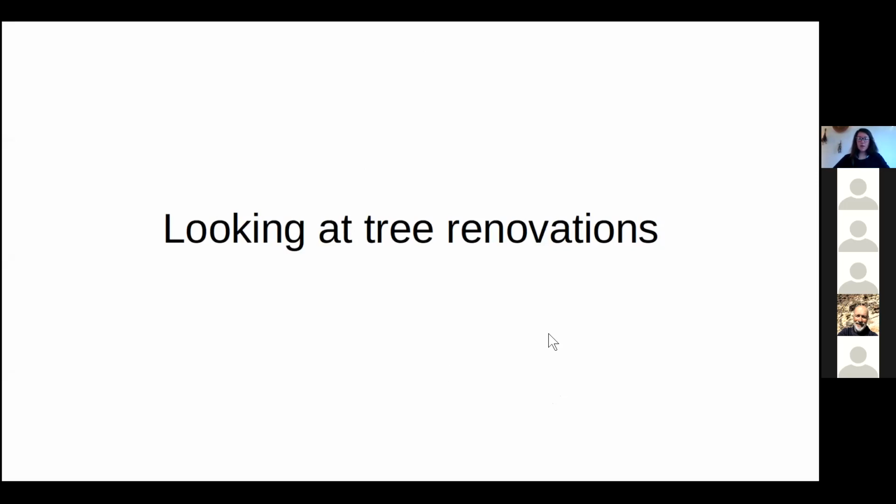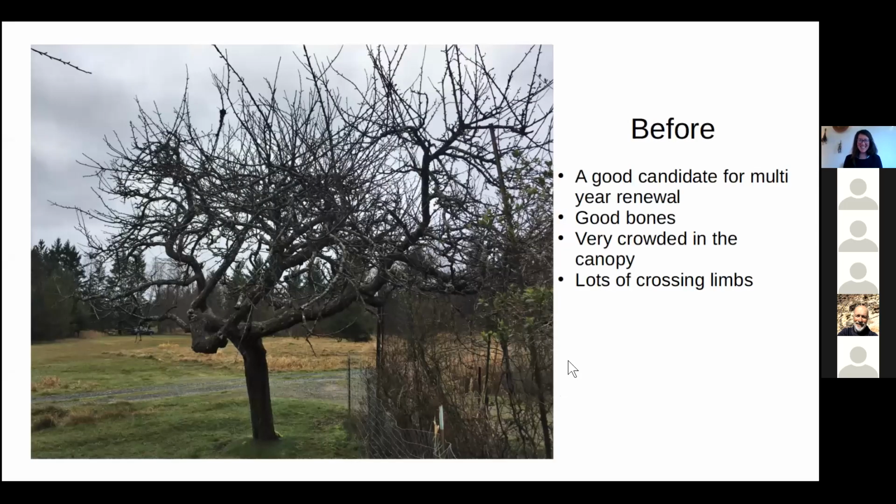Okay, older tree renovations. Here's an example of an old tree. This is really interesting. It doesn't have a clear form per se, but you can see a clear skeleton coming through. So you can see a nice strong trunk, then there's a couple of laterals that set the stage.